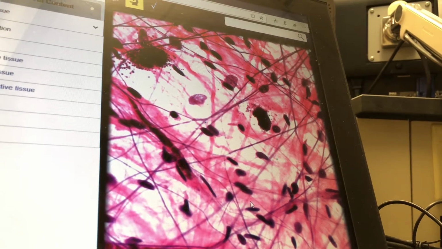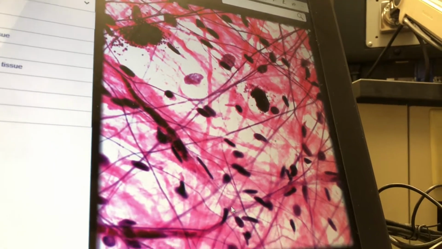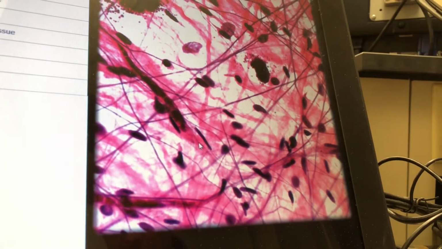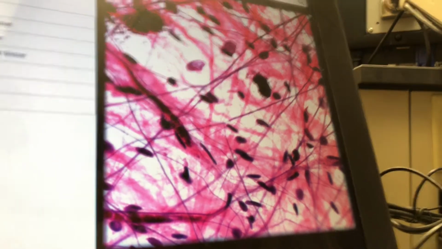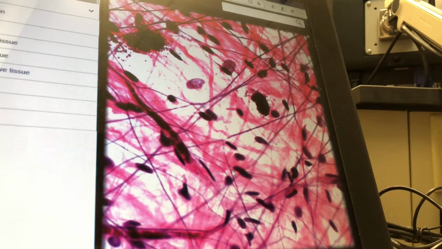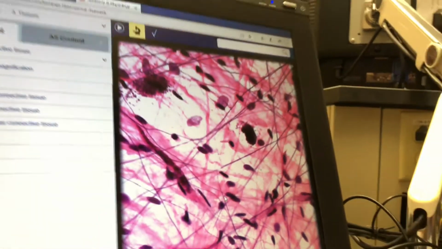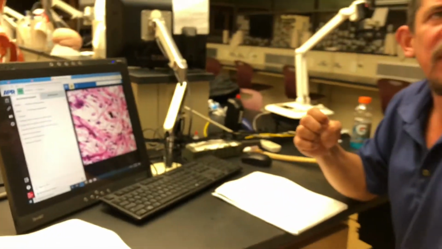Here is a collagen fiber running right here, much thicker than the elastic fibers. Now the location for this tissue, folks, will be the dermis of the skin. The dermis is the layer right underneath the epidermis, and this is where you're going to find loose connective tissue.